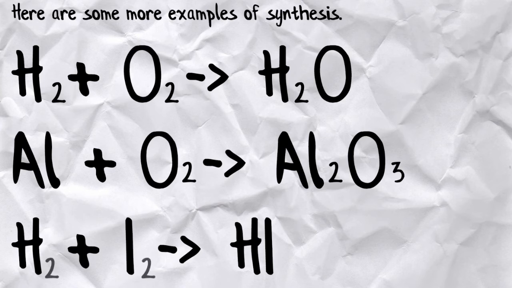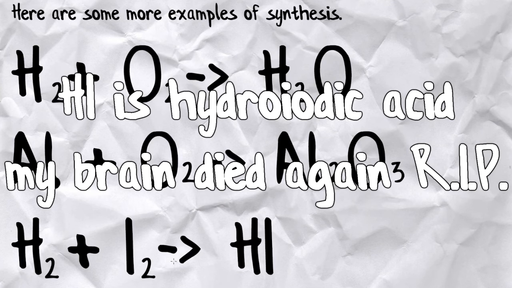Now we have hydrogen plus iodine results in hydrogen monoiodine, I think. That might be wrong, but I'm pretty sure that's how you pronounce it. HI. Don't forget to balance it. Since it's really easy, just put a 2.